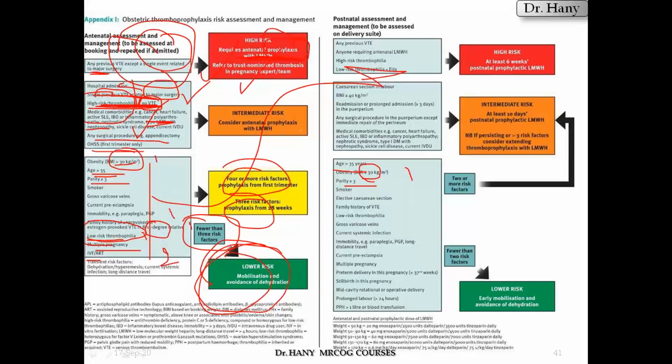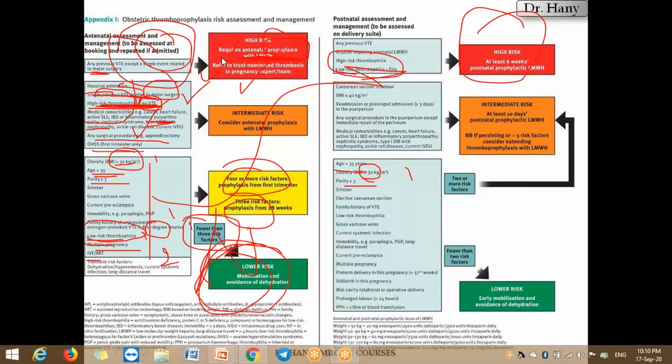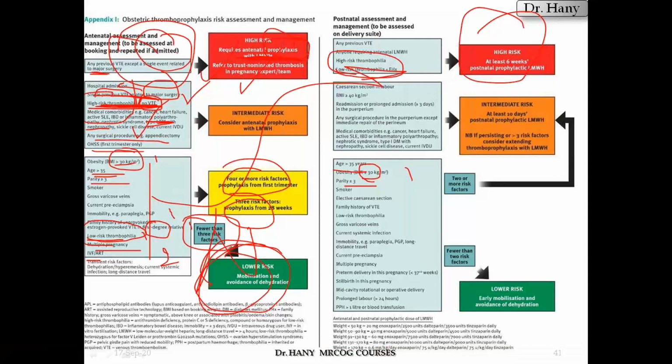Look here, it is high risk for 6 weeks in the postnatal because 2 things came together: a low risk thrombophilia plus family history. So nothing antenatal, just mobilization and hydration, but 6 weeks postnatal. This is the first trick. So provoked or unprovoked, intermediate risk or high risk, collect scores and get antenatal prophylaxis.